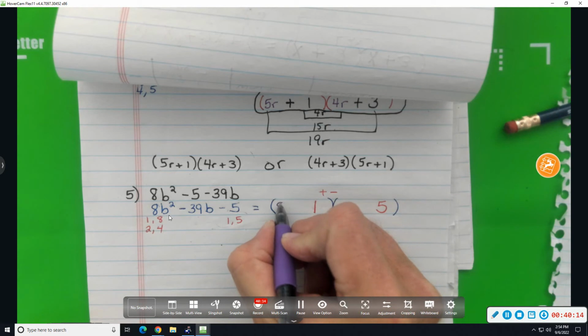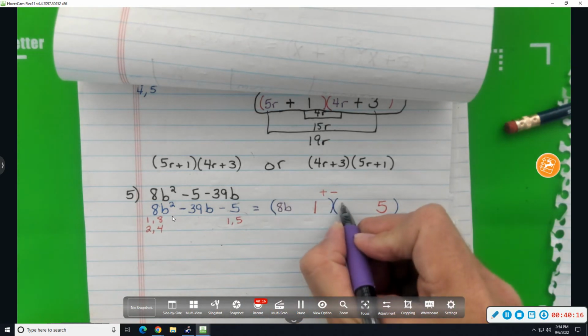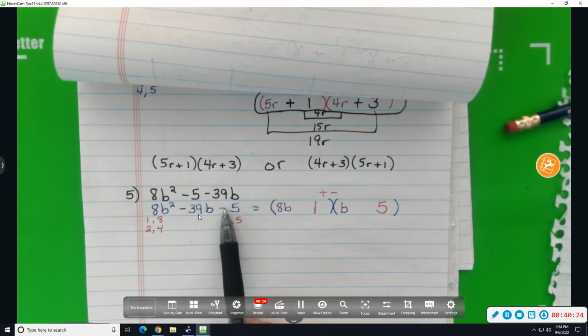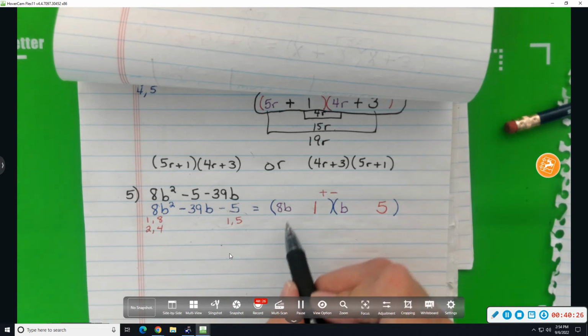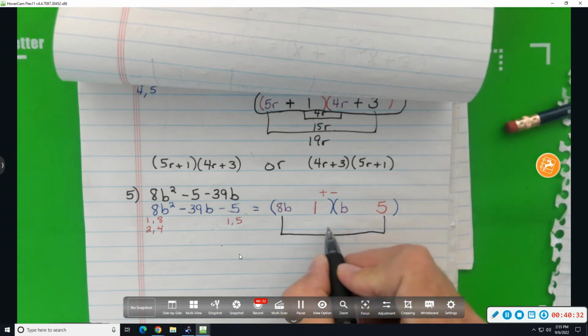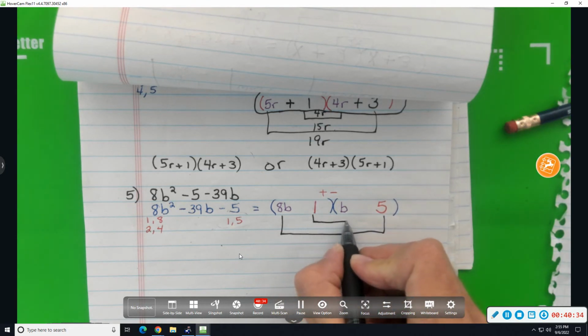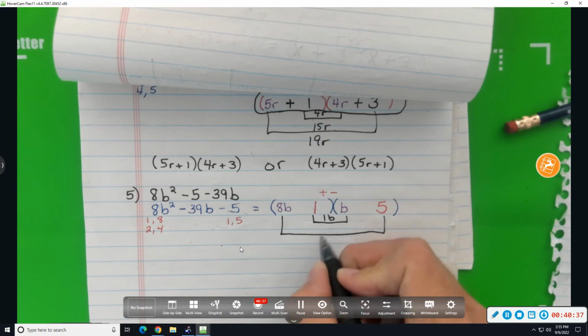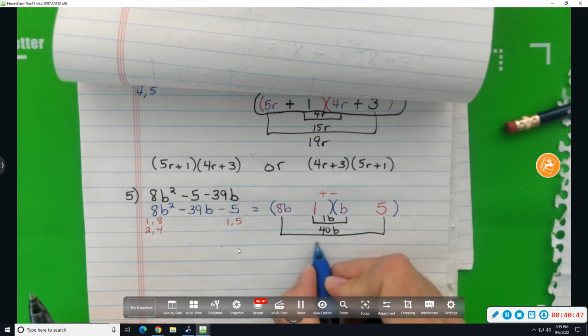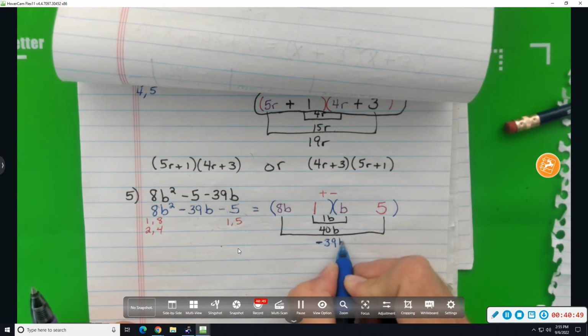Let's try the 8b here, and the 1b, or I'll just say b, right there. Since the second sign is minus, we want to be able to subtract these to get a negative 39b. So we have a 1b and a 40b. I can subtract those to get a 39. So how do I need to arrange the plus and minuses if I want a negative 39b?